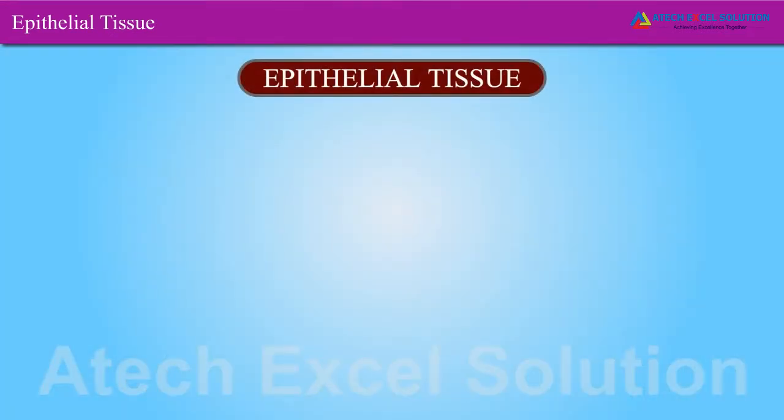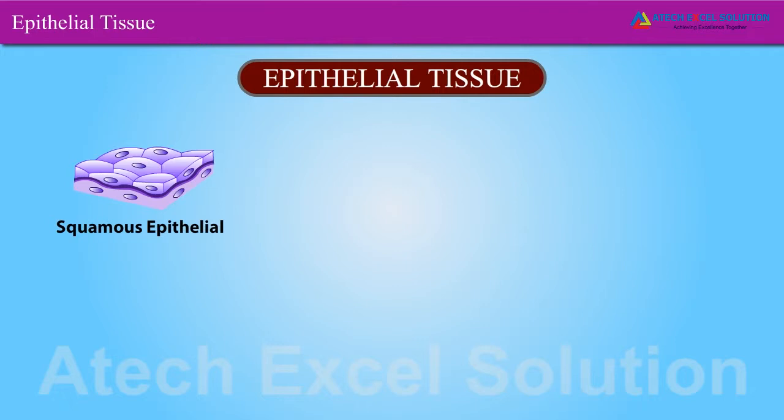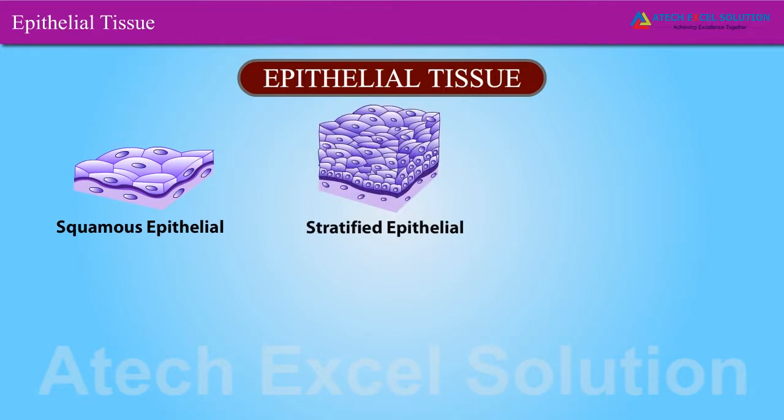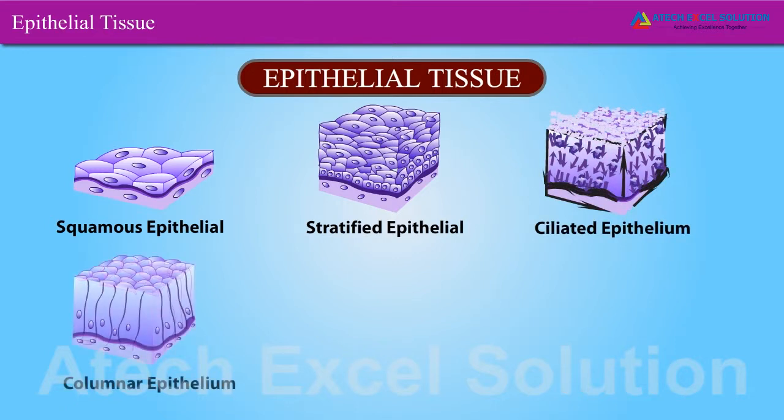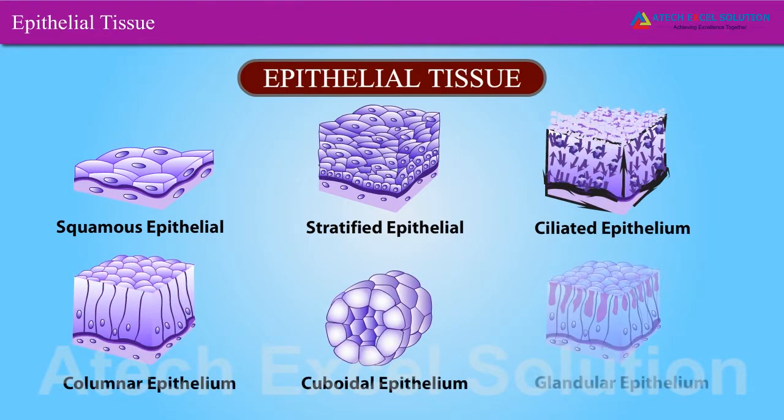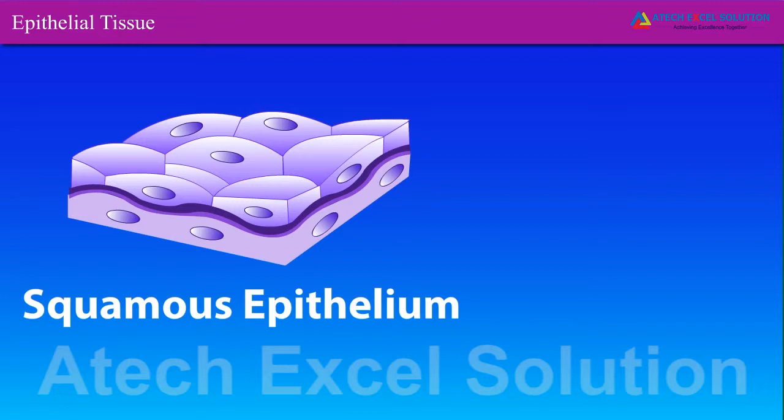Depending upon the shape and function of the cells, the epithelial tissues can be classified as squamous epithelium, stratified squamous epithelium, ciliated epithelium, columnar epithelium, and glandular epithelium. Simple squamous epithelial cells are extremely thin and flat.